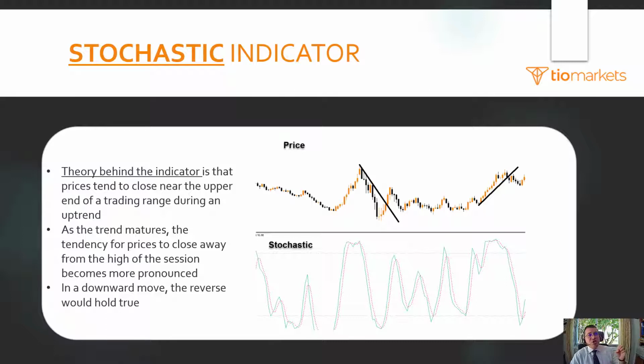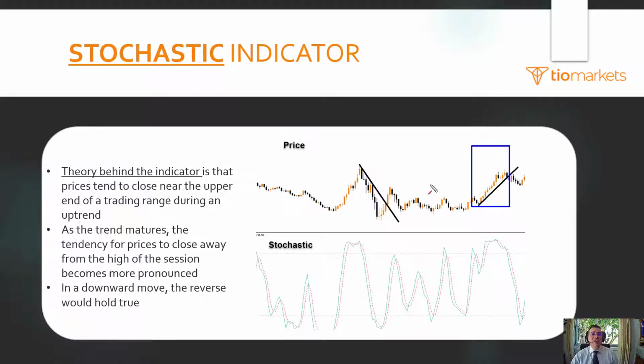The theory behind this indicator is that prices tend to close near the upper end of a trading range in an uptrend. So let's go to our drawing tools here, and look at this uptrend. What is the theory saying?